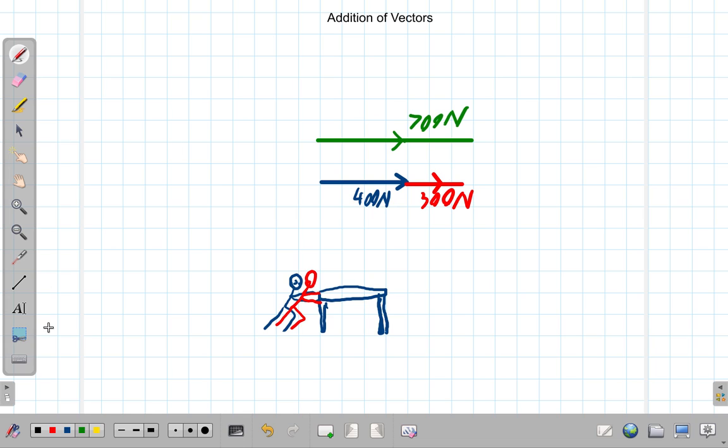Now, how do you get that? It's just a matter of saying 400 newtons plus 300 newtons is equal to 700 newtons. So in this case, you just add the numbers, because they're really going in a straight line, all right?